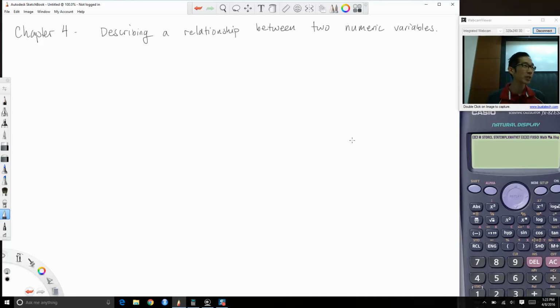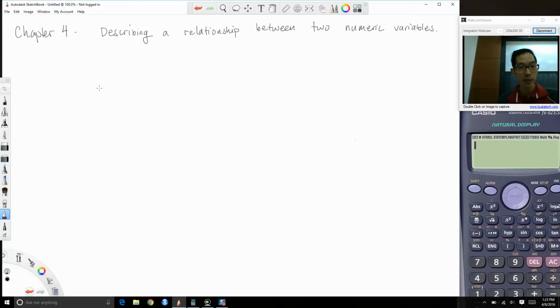Chapter 3 was all focused on looking at one numeric variable and describing its shape and distribution and all of that stuff. In chapter 4, we're going to look at two numeric variables, and we're going to see if we can describe a relationship between them.